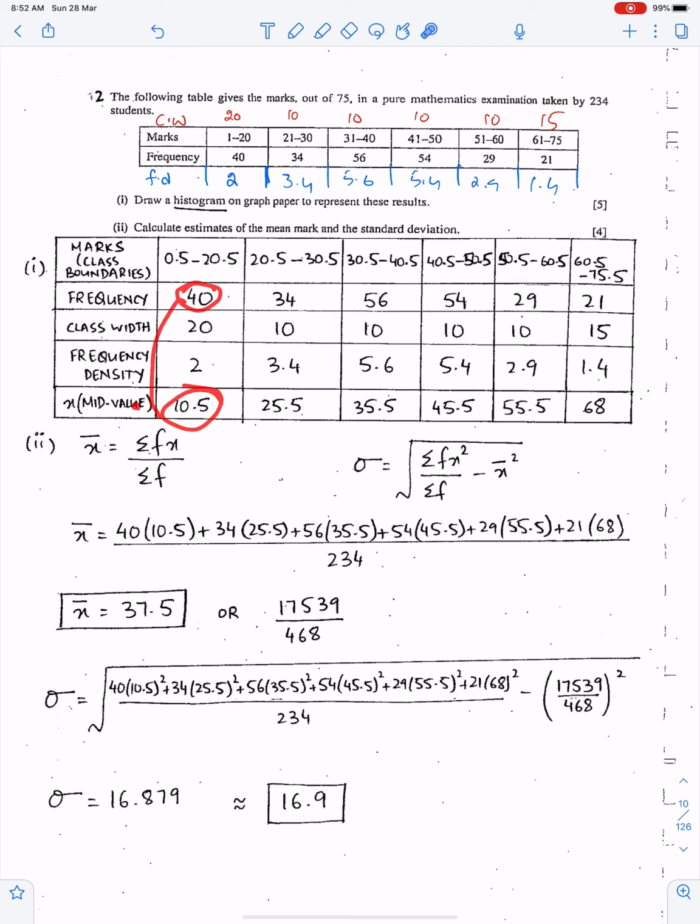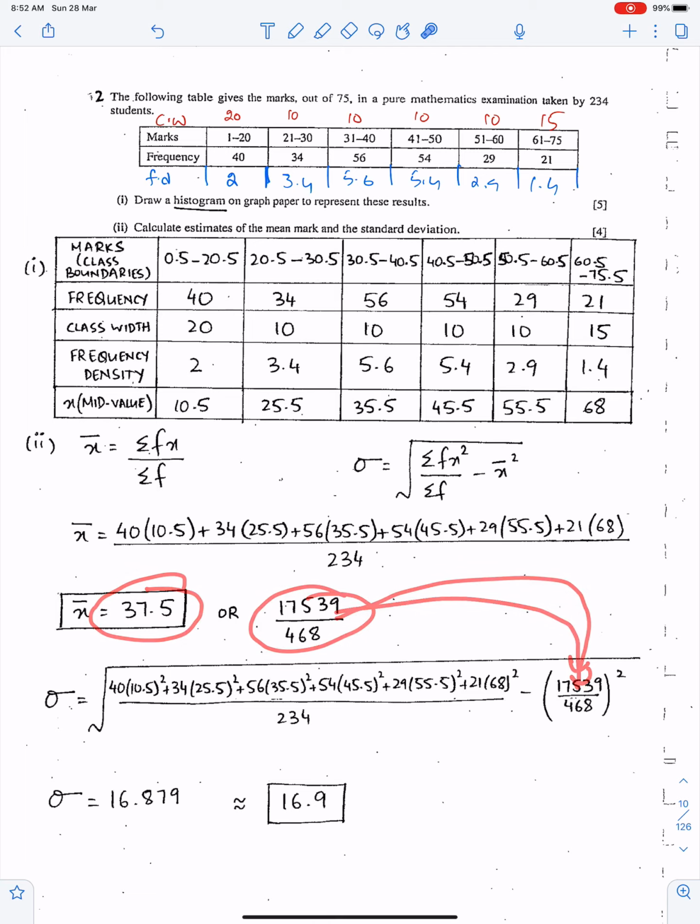So fx: 40 into 10.5, 34 into 25.5 and so on. In variance, make sure you square this number: 40 into 10.5 squared, 34 into 25.5 squared, and so on, and write the exact value of mean here. This is the estimate, use the exact value. And this is the final answer up to 3 significant figures.